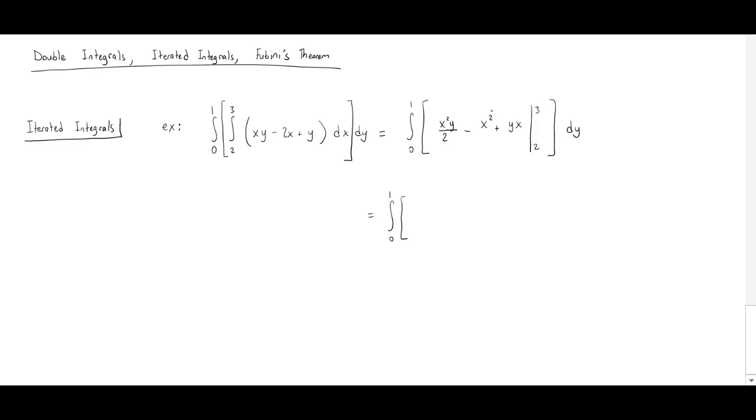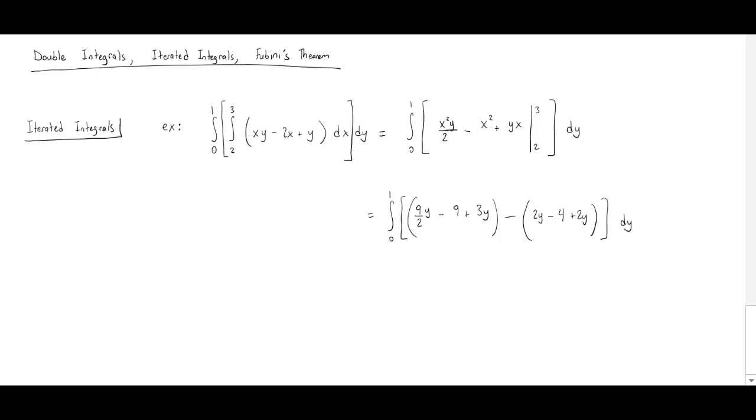I'm going to get 9 over 2y minus x squared will be 9. Okay, plus 3y, right? Okay. All right, and then I'm going to minus what we get when we plug in x equals 2. So when x is 2, we're going to get 2y minus 4 plus 2y. Okay. Is that good? All right.